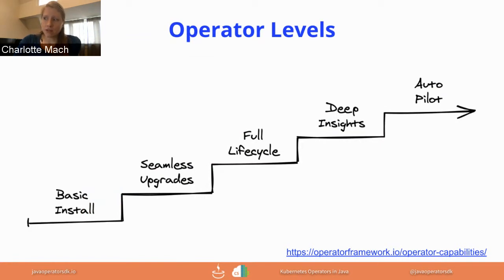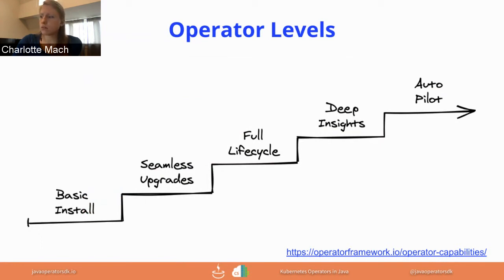The next step after that is you use metrics on your application or on your running resources. You'd still have a Prometheus running, but you can use the operator as well to gather insights into that. And then once you have those, you can use the insights to create basically an autopilot.